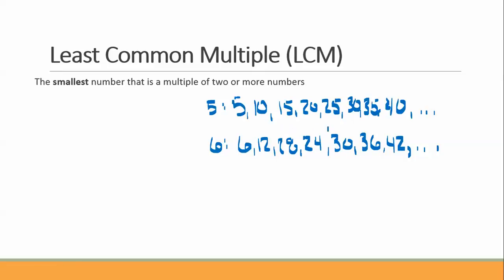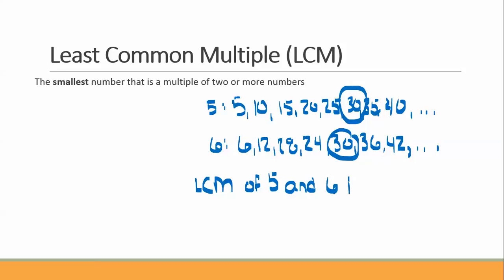So the first number that's in both of these lists is 30. So the least common multiple, the LCM, of 5 and 6 is 30.